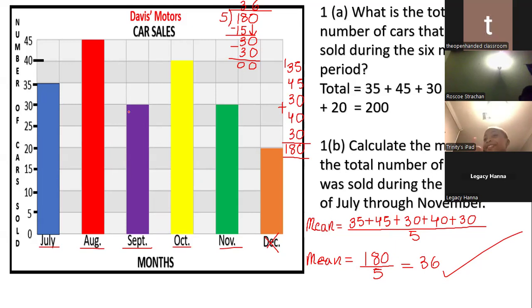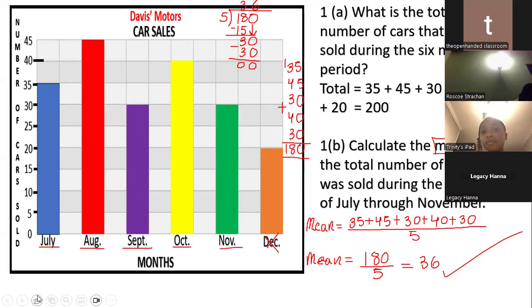My question is, after we get the answer, why do we calculate it to the mean? That's a good question. Read the question. It says calculate the what? The mean. Very good. So they want us to find the mean, right?